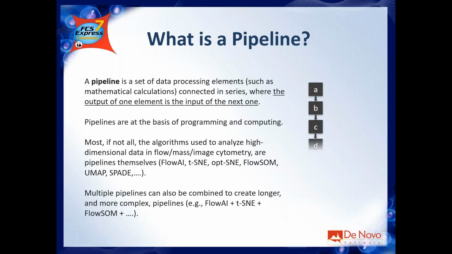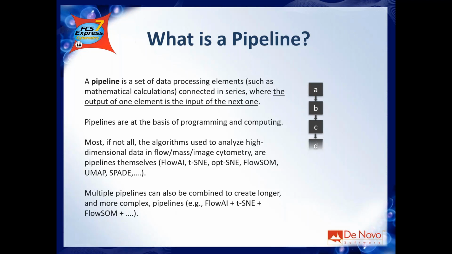So a pipeline, generally speaking, is a set of processing elements, usually mathematical calculations, that are connected in series, as you can see here at the right, like A, B, C, and D. The key point is that the output of one step is usually the input of the next one. So A generates some data, and this data is the input for B. B generates other data, and this data is the input for C, and so on.